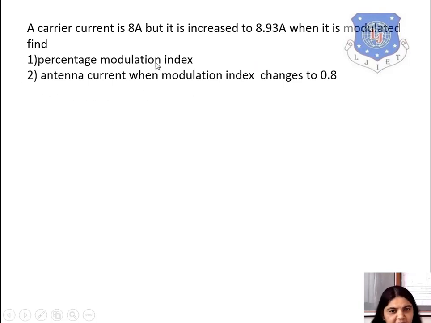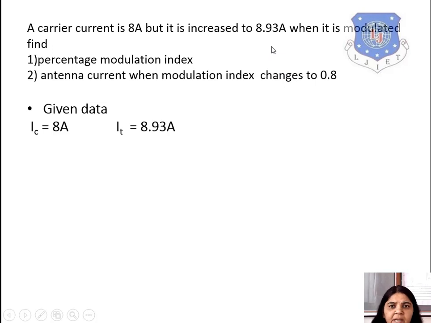Find the percentage modulation index and the antenna current when the modulation index changes to 0.8. What is our given data? The carrier current IC is equal to 8 ampere. It increased to 8.93 ampere when it is modulated.